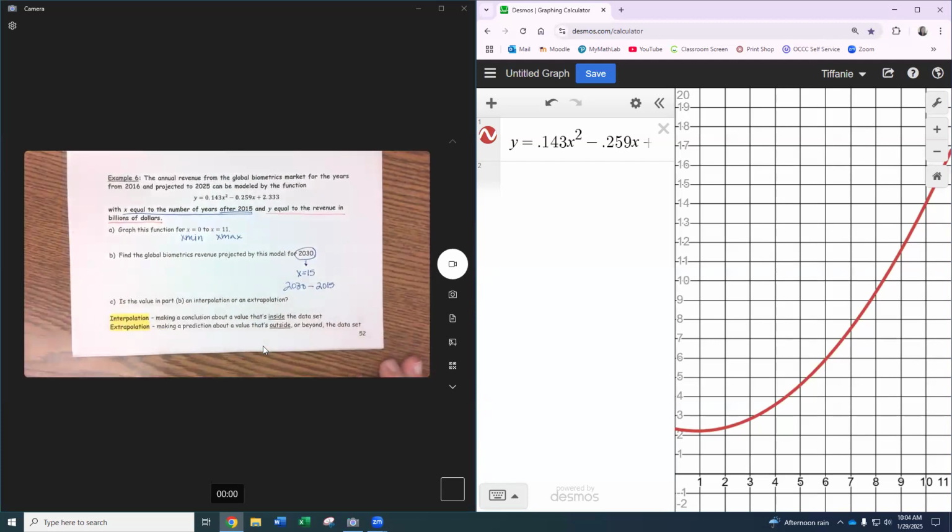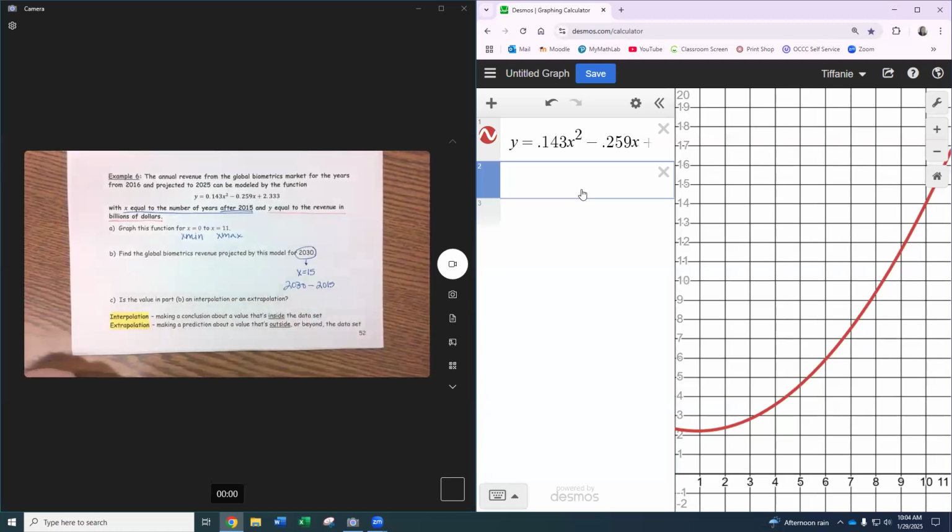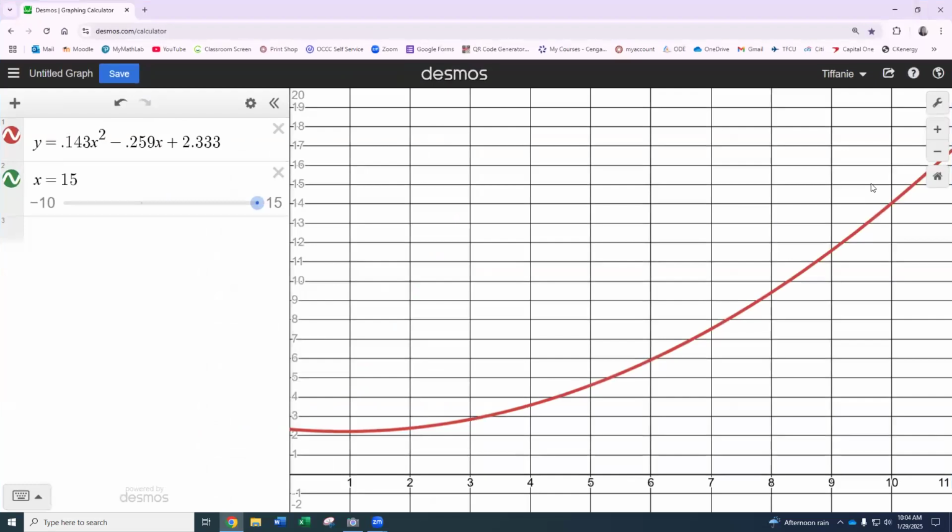So we go into our second line and put in x equals 15, and I'm looking for an intersection point. Why do I not have an intersection point here? My x is 15 and my x only goes to 11.